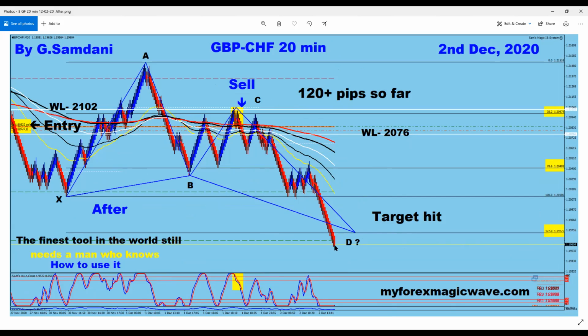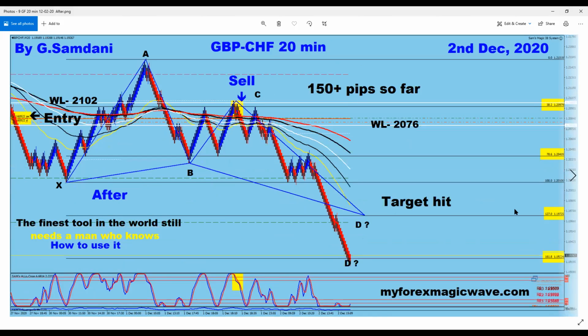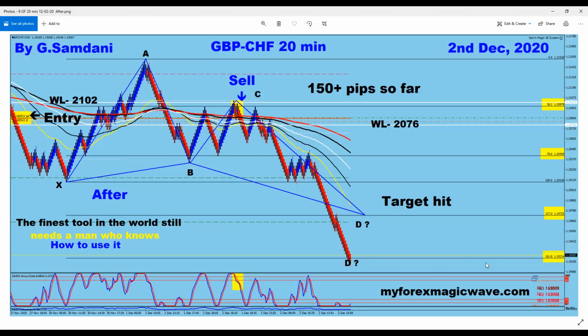When that happened, I started to think that this is probably going to go all the way to maybe 161%. So hold on to it, and here we go. We went down all the way to 161%, for a total of 150 plus, probably 154, 155 pips, something like that.